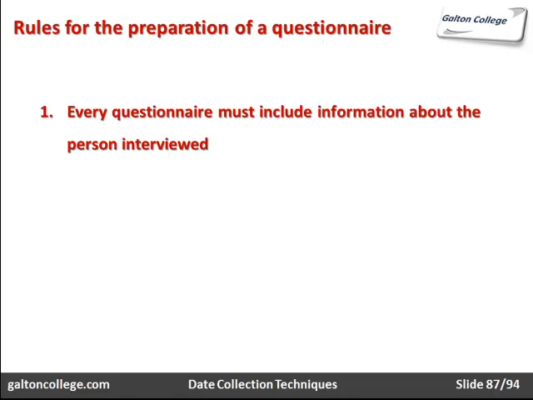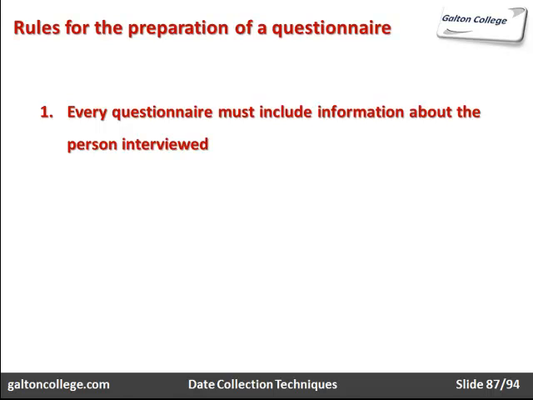Or maybe the questionnaire requires filtering from the start. Maybe they're only stopping people of a certain age. So it must include information about the person, but it doesn't have to be asked because it's personal and it's a bit rude to ask people personal information. It also alienates them.